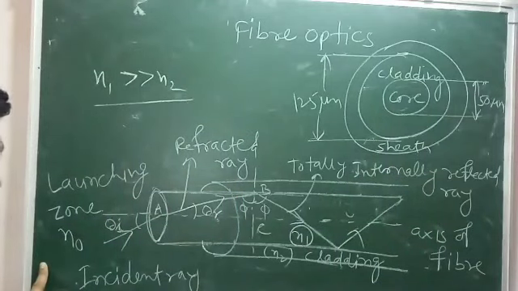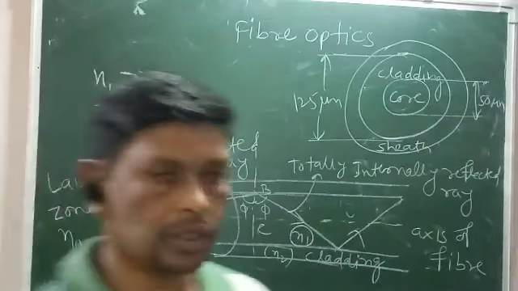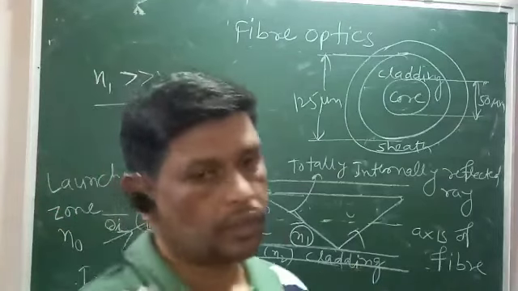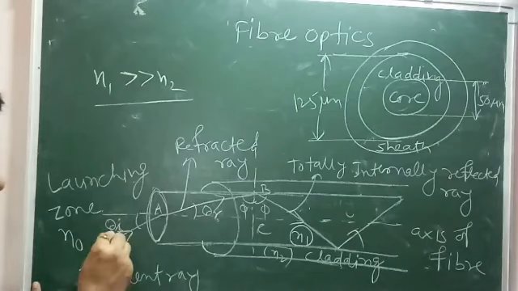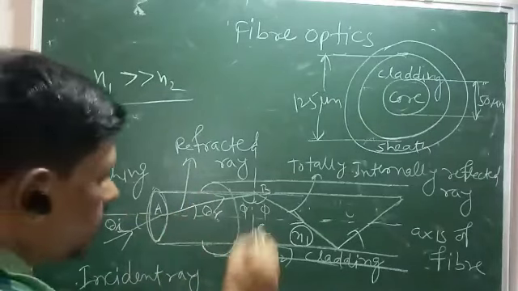And this is the launching zone where light is launched from the source into the fiber, and this is the angle theta. Theta is the incident angle, which is made by the incident ray and the axis of the fiber.